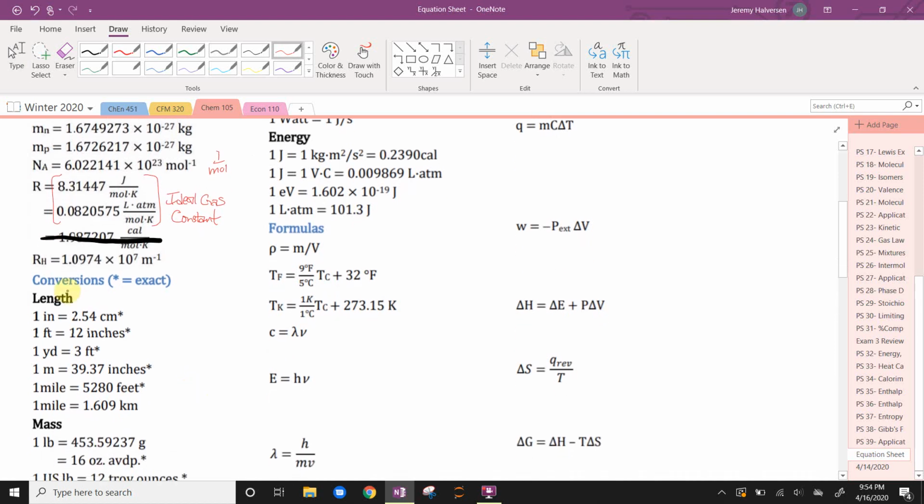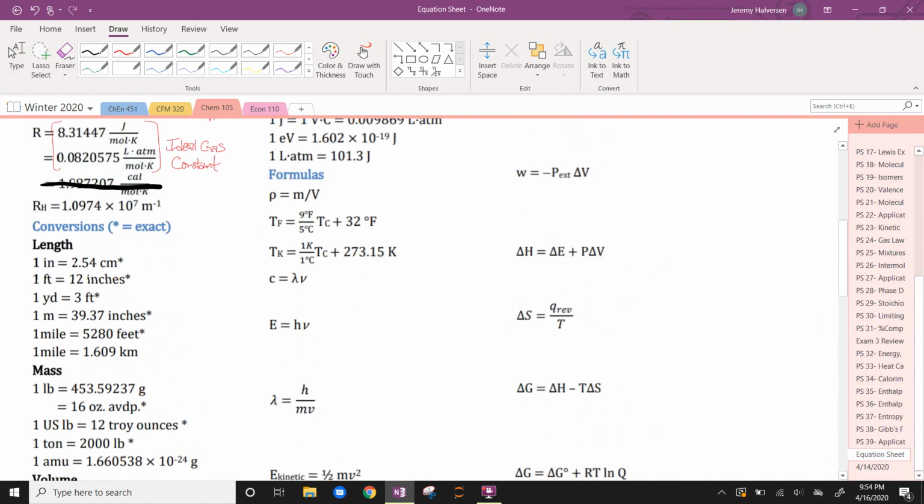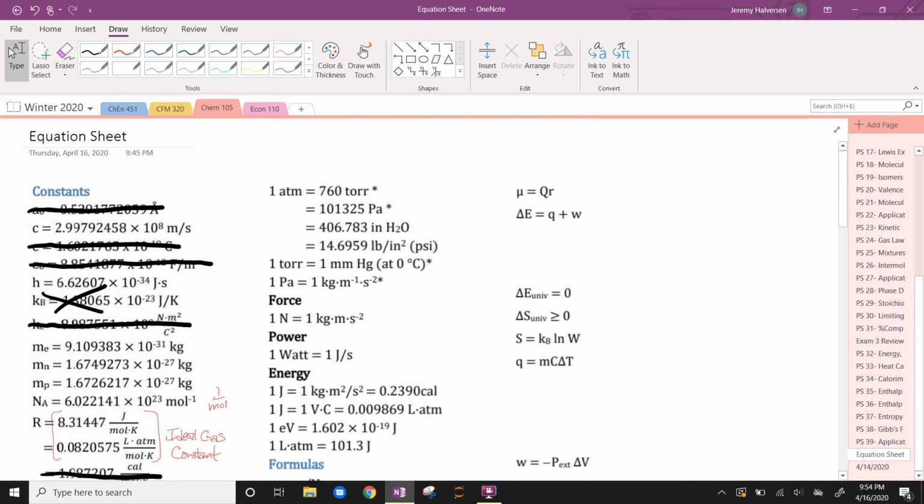All right, then we have length conversions, mass conversions, volume conversions, pressure conversions. One thing to be aware of here: if 1 atmosphere equals 760 torr and 1 atmosphere equals this, then you could also say that 760 torr equals 101,325 pascals, because they're both equal to 1 atmosphere.